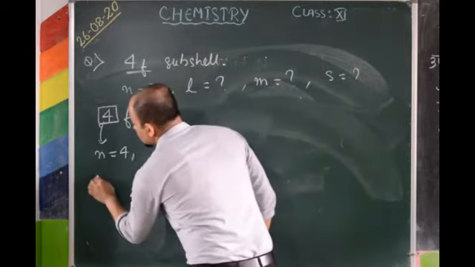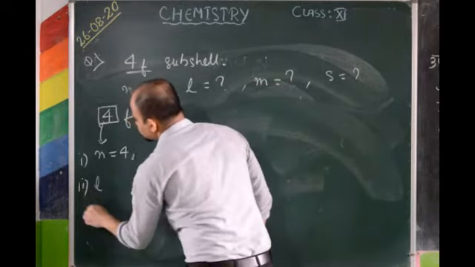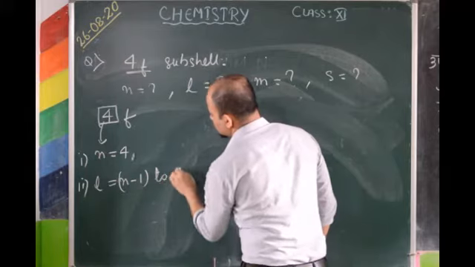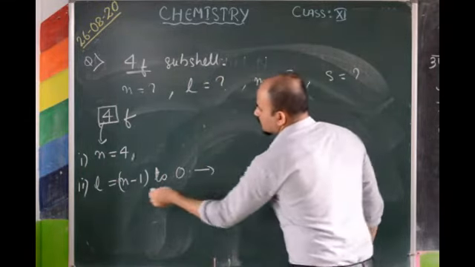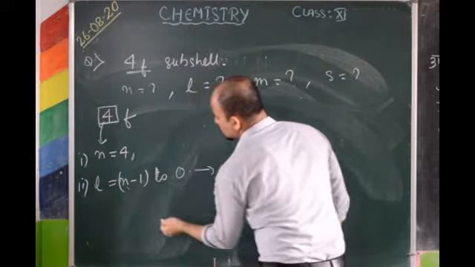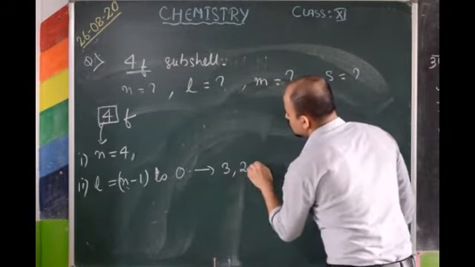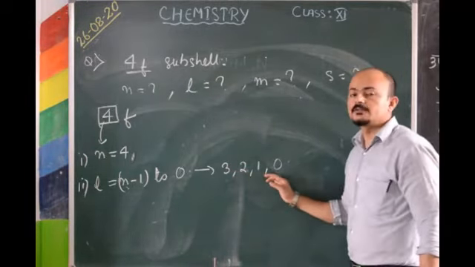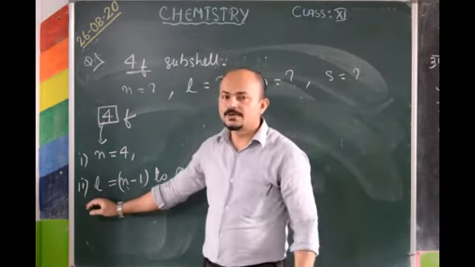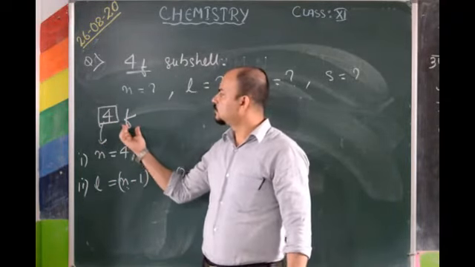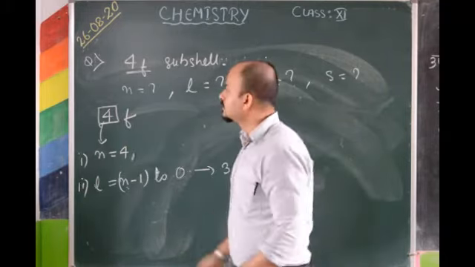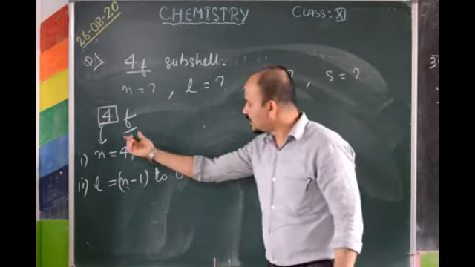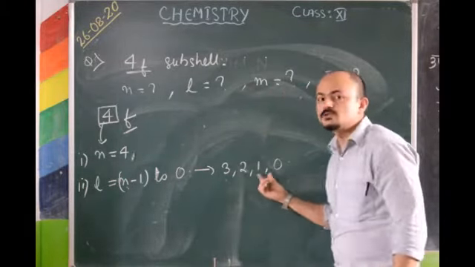The possible values of l are n minus 1 to 0, which is 4 minus 1, that is 3, 2, 1 and 0. These are the possible values of l. But the question says the electron is located in the 4f subshell, so you have to identify out of these 4 values which one is f.